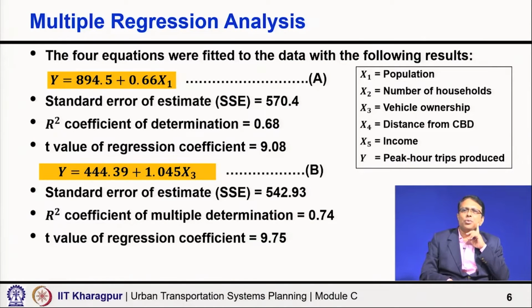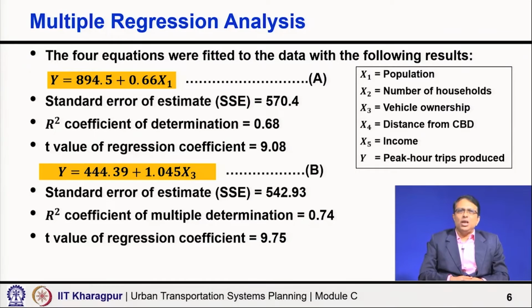The four models we selected, let us assume that for a given data when we fit the model, we get these results to carry forward our discussion. The models we selected for the given data, we put those models and whatever the computer generated is given here.